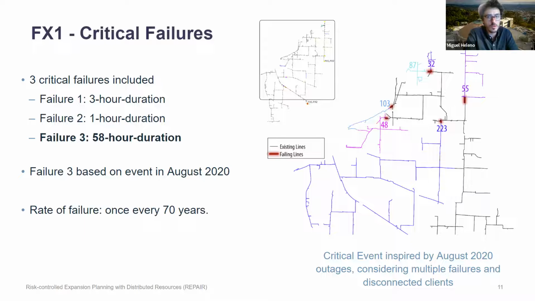For example, in 22 years we have one occurrence, which is this big storm in August 2020. Here we assume this to happen once every 70 years, but we can change that assumption. This is what it comes to, assigning a probability to rare events. It's an assumption of the model, let's say.